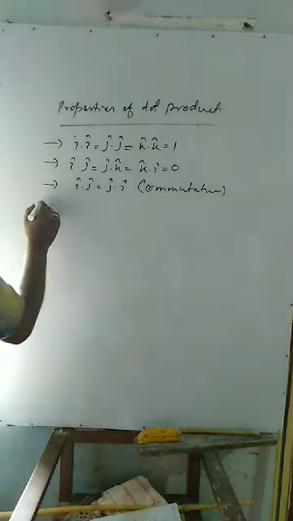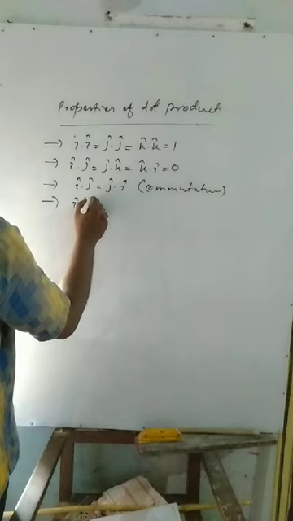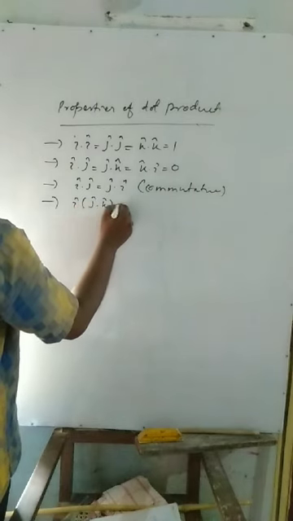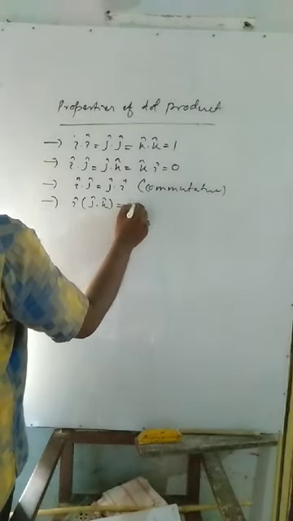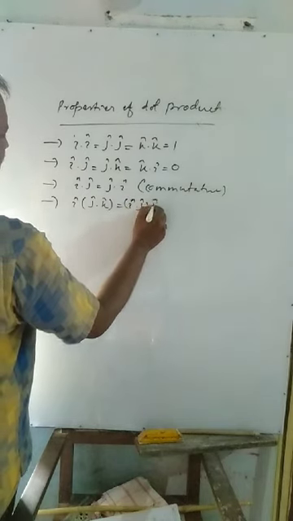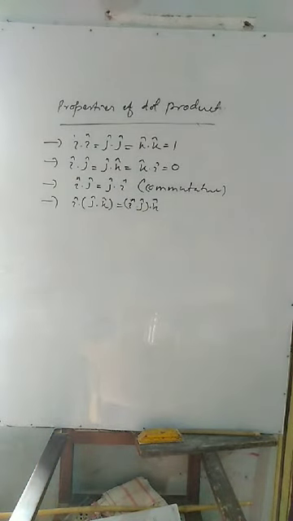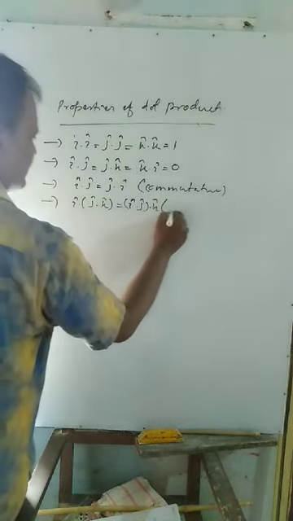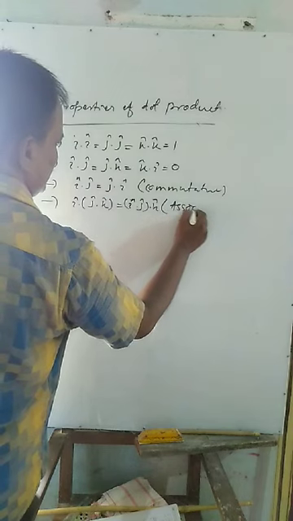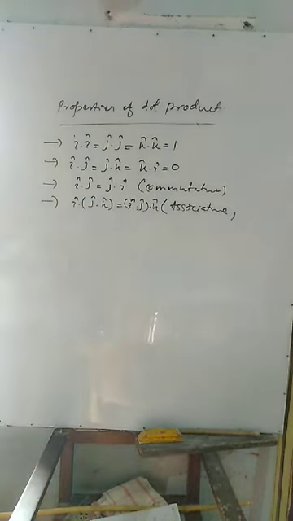Associative property: i dot j dot k, you can also write it in the other grouping. So it is the associative property. These are a few properties.